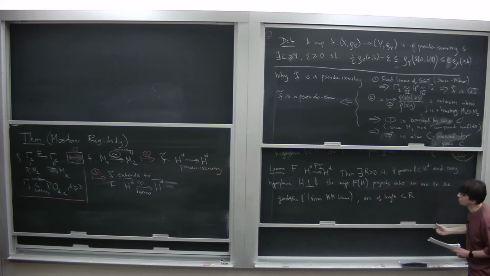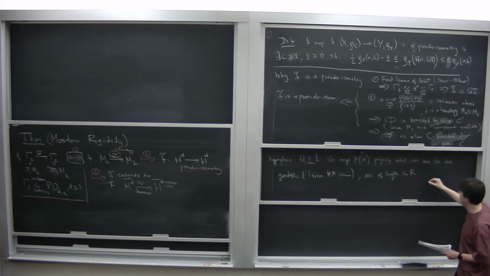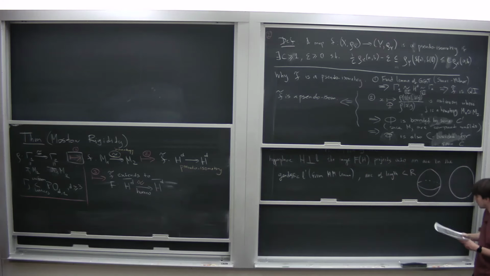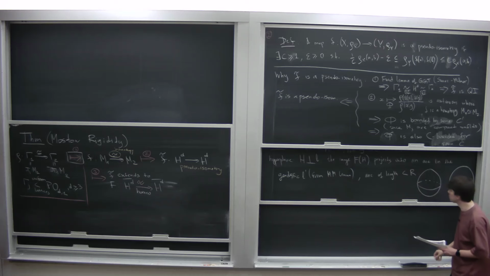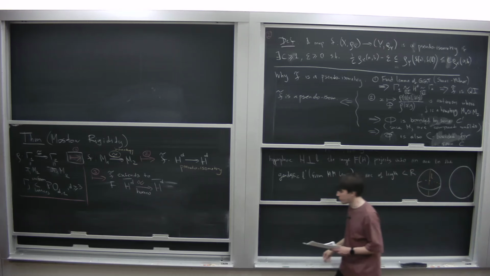Okay, so let me now draw the picture. I have a map... I think I need colors. So this is my geodesic L, and suppose that I have a hyperplane.